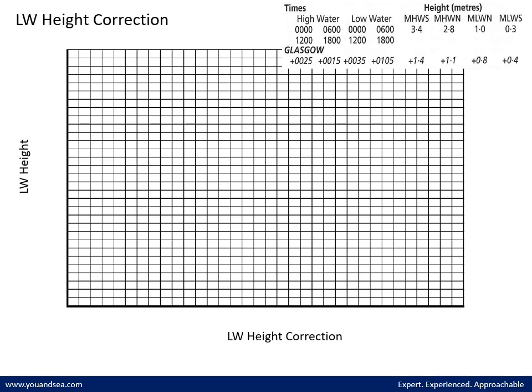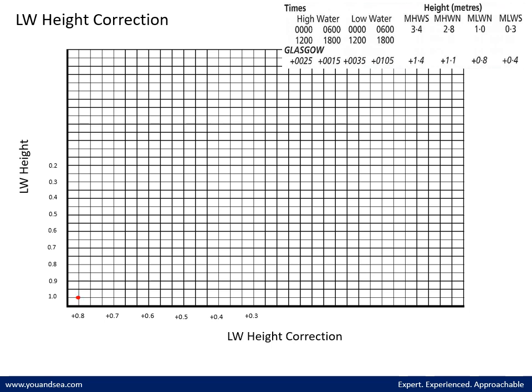Our low water height is done much the same way. 0.3 to 1, but this time because the number's going down, we started with 1 in the bottom left hand corner and gone down to 0.2 because we know we've got a lower tide information than 0.3. 0.8, 0.7, 0.6, 0.5, 0.4, 0.3.